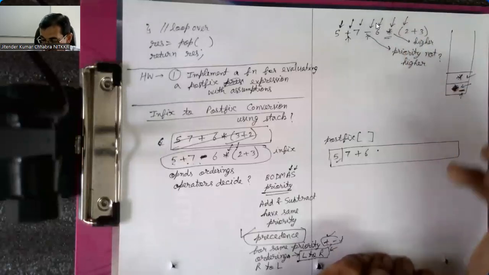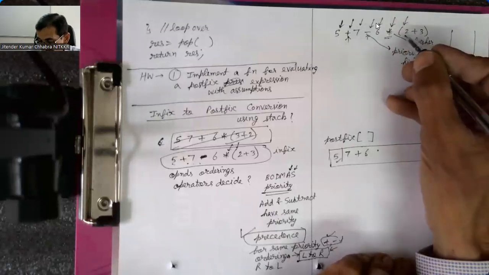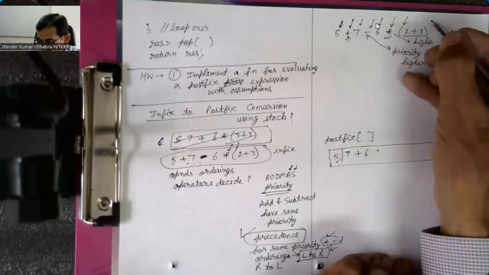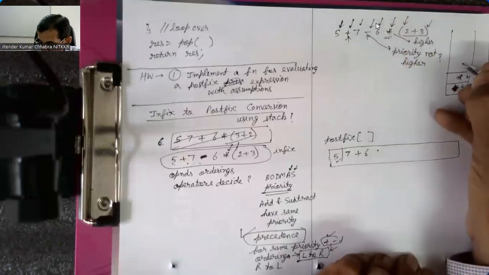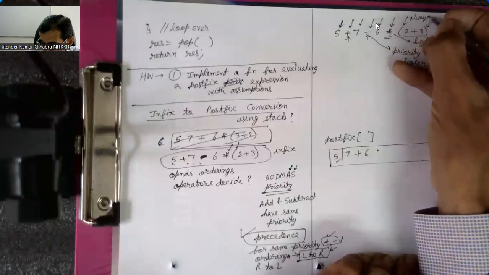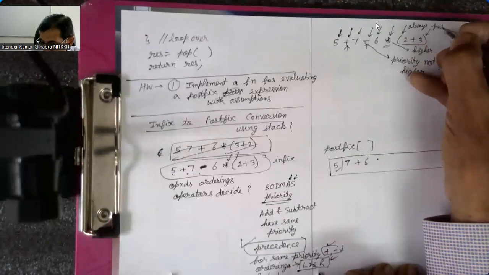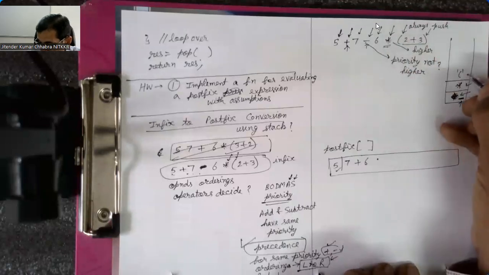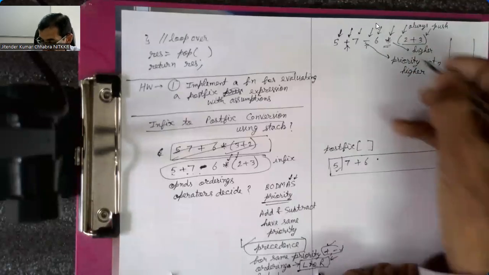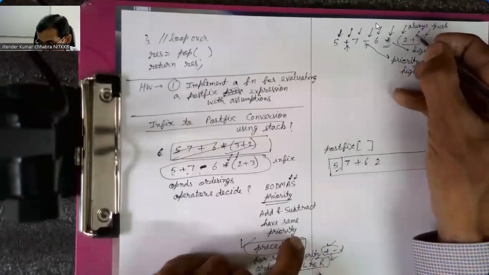Comes bracket. Small bracket guaranteedly means at present it cannot be completed till I reach the closing bracket. So for small bracket, always push. Whenever I'm getting a bracket, I will be guaranteedly pushing the bracket. After that comes a 2. So I will have a 2 stored here. After that comes a plus.